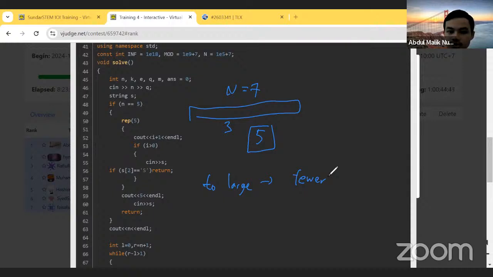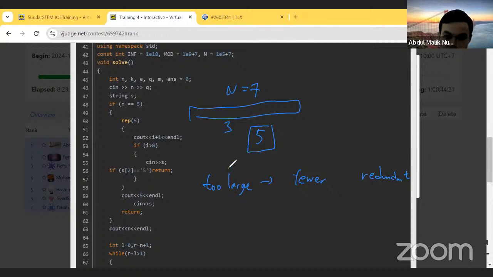But the bad news is our query with value 5 is redundant, because we don't need this response. This response must be too large.